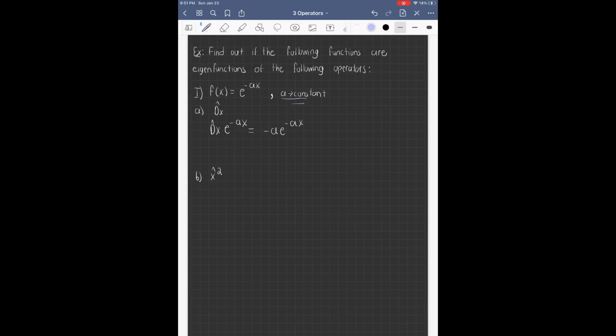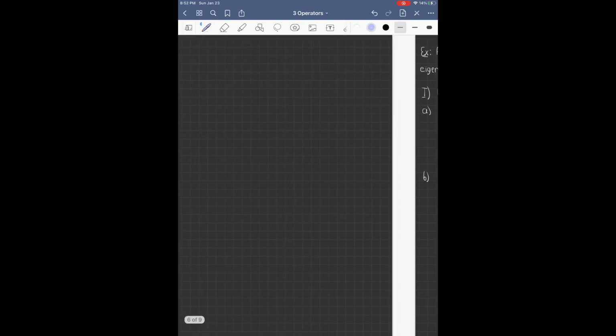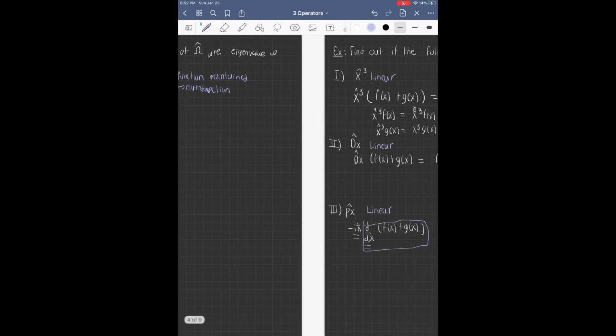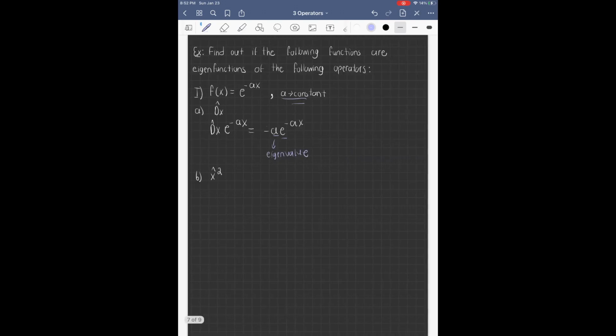Now this is just a constant times the function, and this is the eigenvalue, as we saw from the notes. I forgot to mention that eigenvalues are always constant. So this is a constant times the original function. The original function is still maintained, and so that's the eigenvalue. I mean eigenfunction, sorry about that.